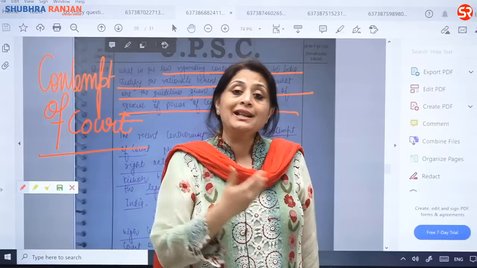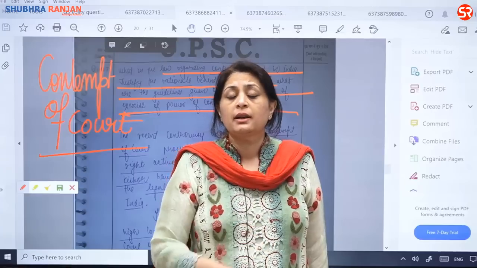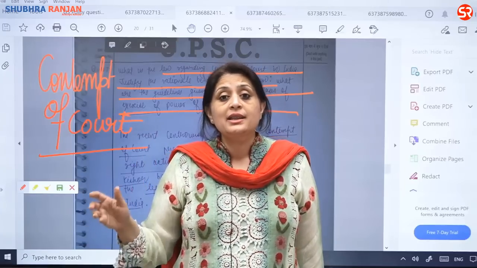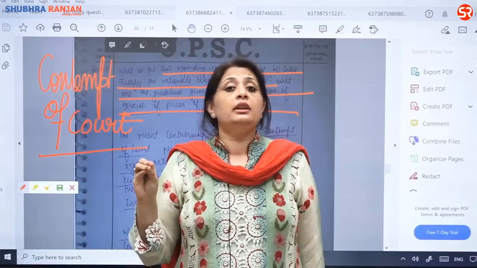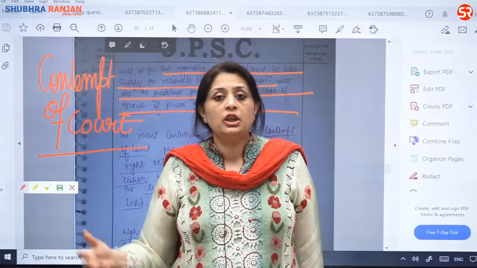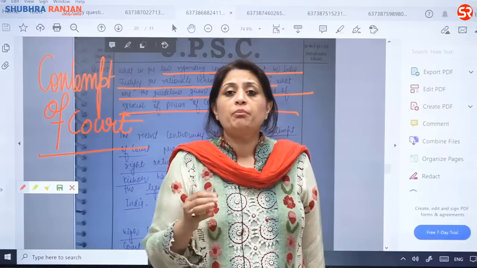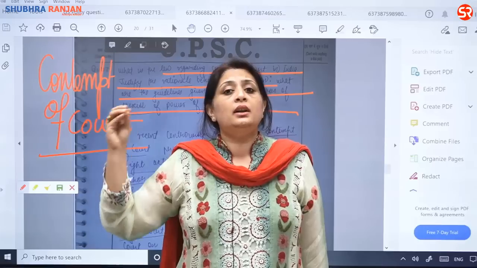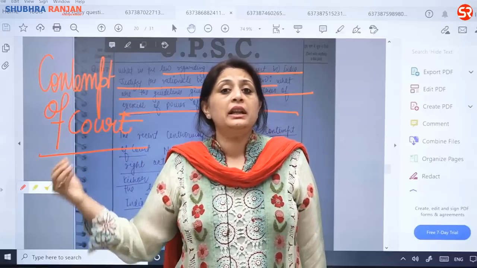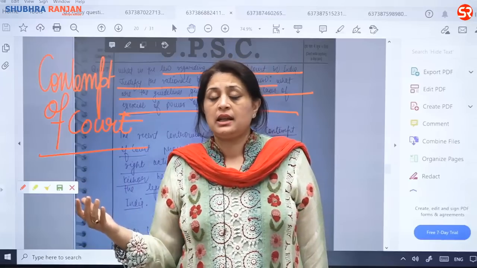If somebody disobeys the order, doesn't implement the order, then it is a civil contempt. But if you do anything that lowers the prestige or the confidence of the people in judiciary, it is seen as criminal contempt. For example, you write something which is not decent enough for or against a particular judge, it can be seen as a contempt.